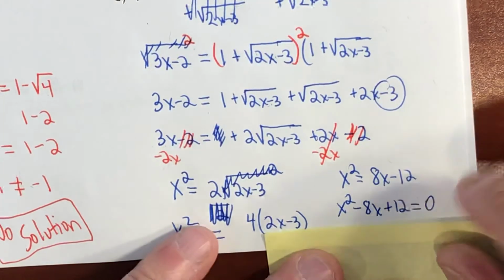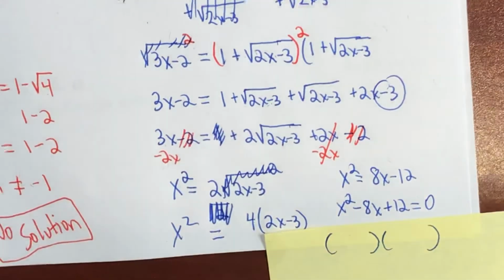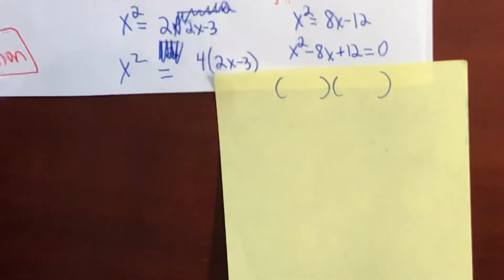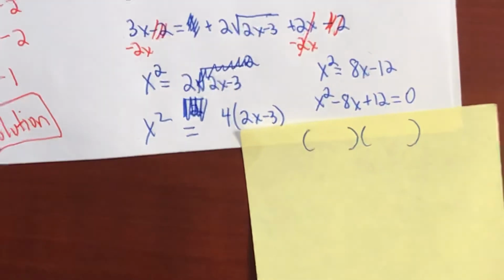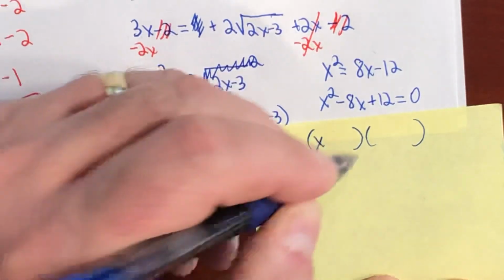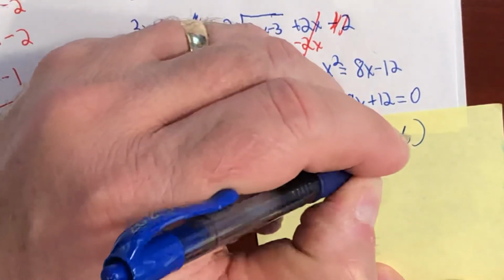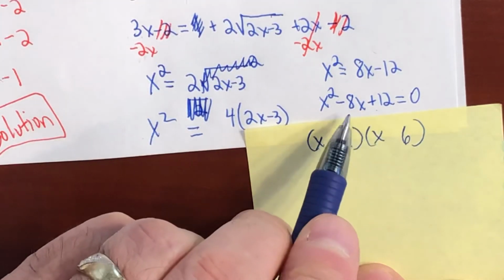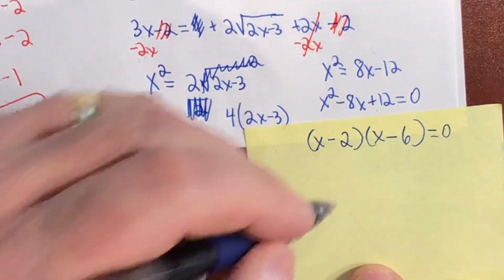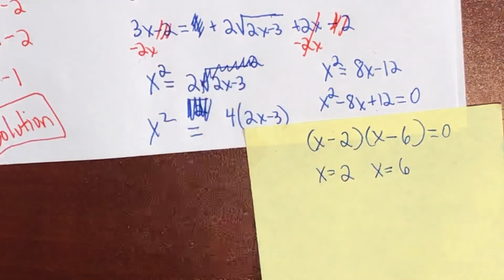So if I make 2 sets of parentheses, x and x, 1 and 12, 2 and 6, probably 2 and 6. They multiply to be positive, so they have the same sign. They add to be negative 8x, so x minus 2, x minus 6 equals 0. So then x will equal a positive 2, and x will equal a positive 6.